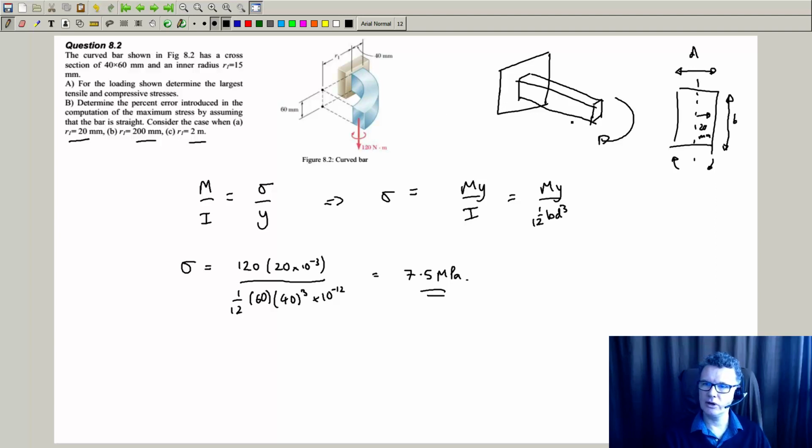In effect, we are becoming more and more straight. So the longer our radius of curvature, the more I'm expecting this to agree with this bar being modeled as a straight bar with 7.5 megapascals. Okay, I haven't hit the 5-minute mark, so I will carry on and do this.